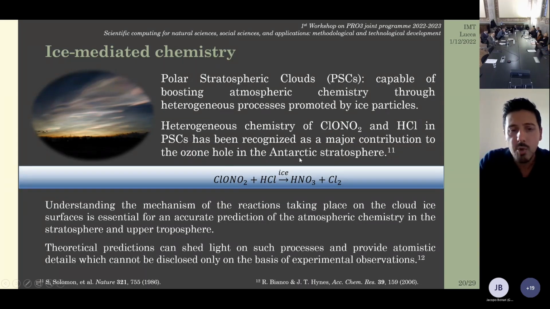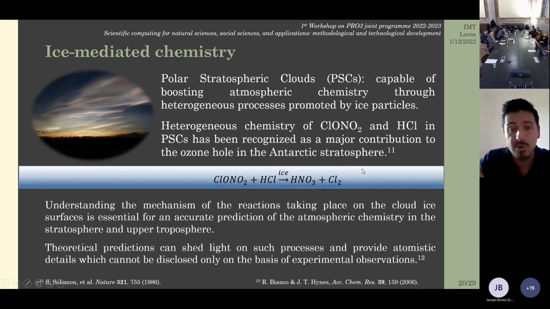Actually, these icy particles can catalyze the reaction reported here between chlorine nitrate and HCl with the formation of nitric acid and molecular chlorine.